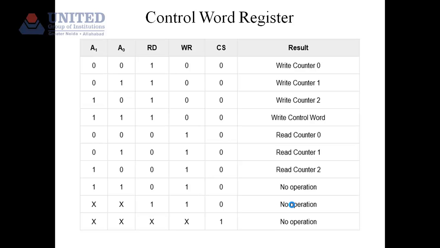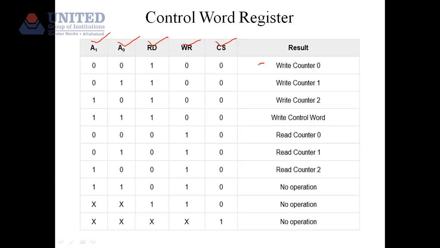Coming on to the control word register, the main control word register is the controlling register of the whole IC. It consists of 5 input signals, that is A0, A1, RD bar, WR bar and CS bar. And you can see by these 5 input signals we have created a matrix of 0s and 1s which tells what operation is to be performed.